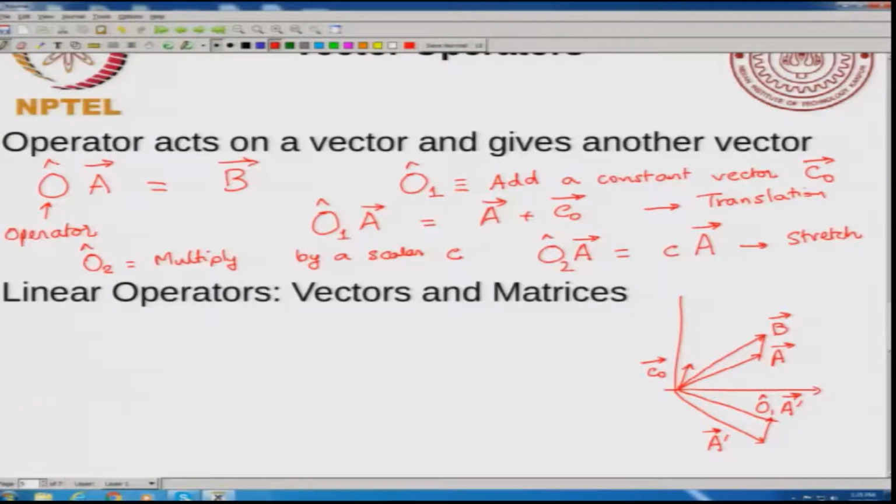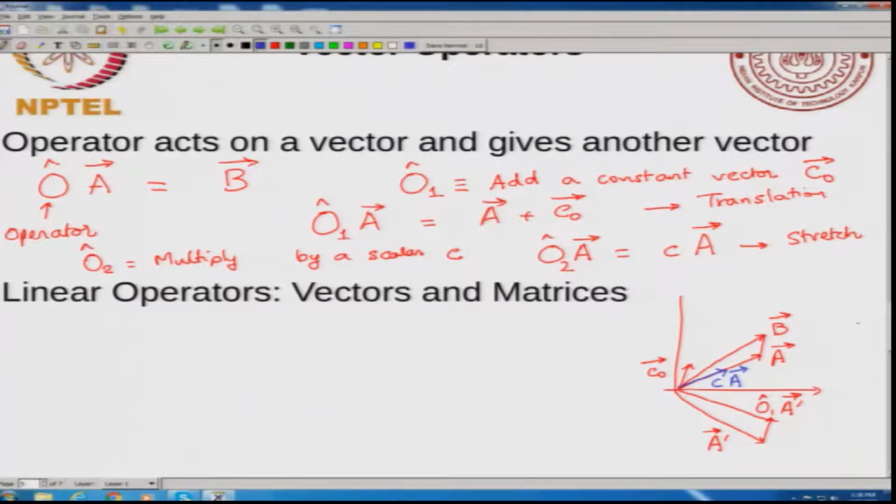Now, the other operation we said is called a stretch, where it takes the vector and multiplies it by a scalar. So, you get a vector in the same direction, and based on C it will either be longer or shorter. The stretch operator, I will show this in blue, takes A and multiplies by C. So, this is my C times A. If C is less than 1, then this length will be shorter.